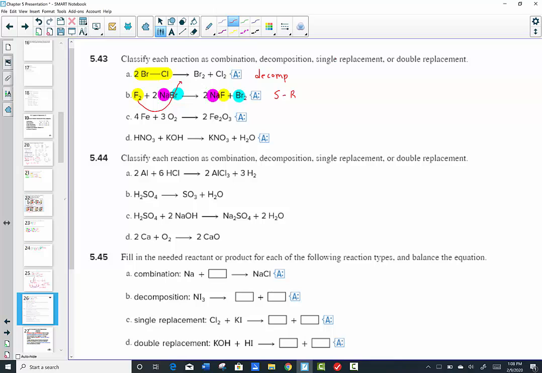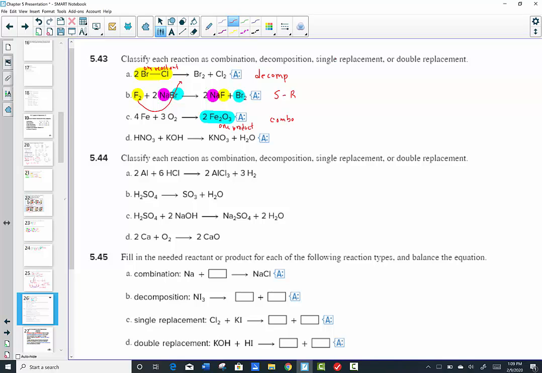So a single replacement. Letter C, what I notice is only one product. And that's our clue that that was a combination reaction.